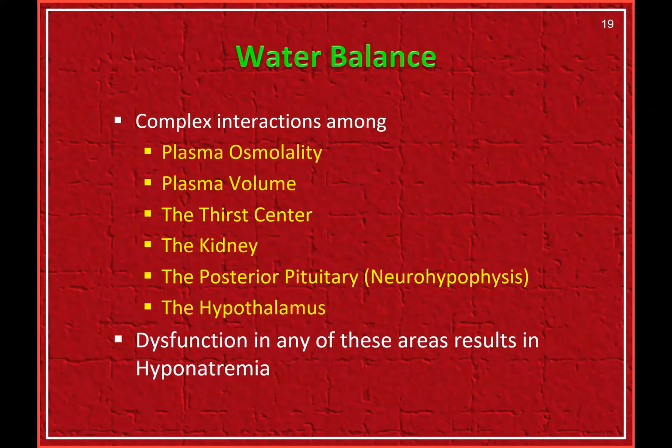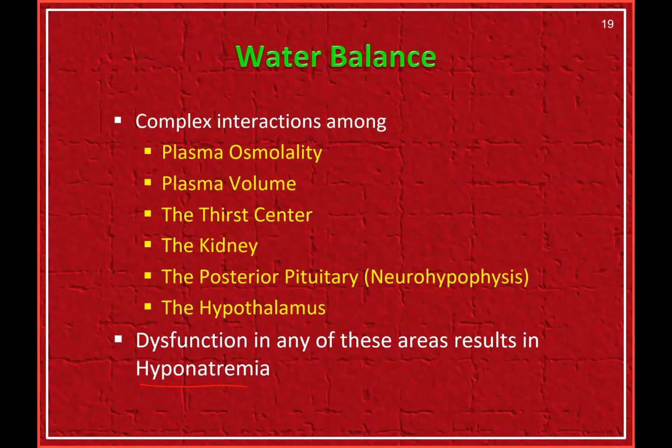Now, what are the complex interacting things that handle the water balance? Osmolality, plasma volume, thirst center, kidney, posterior pituitary and the hypothalamus. Dysfunction in any one of these areas can result in hyponatremia, because if there is more water, there will immediately be a fall in the serum sodium. That is hyponatremia.